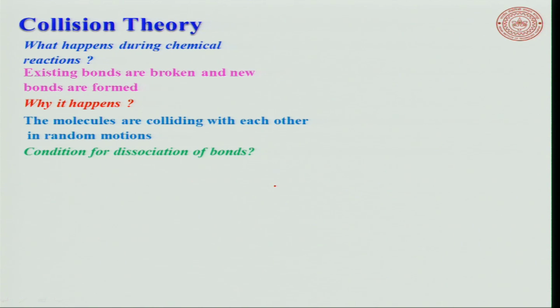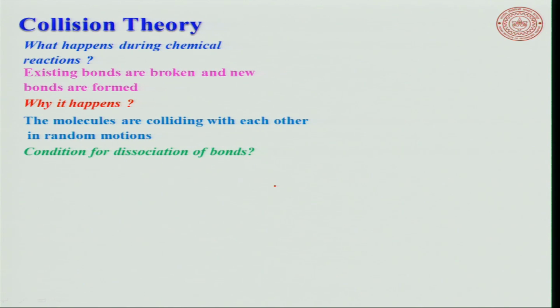But what is the condition of dissociation of bonds, because the bond is broken? If it is broken, then it must have enough energy, and the molecule also has to collide in a proper orientation, then it goes to a much higher level.